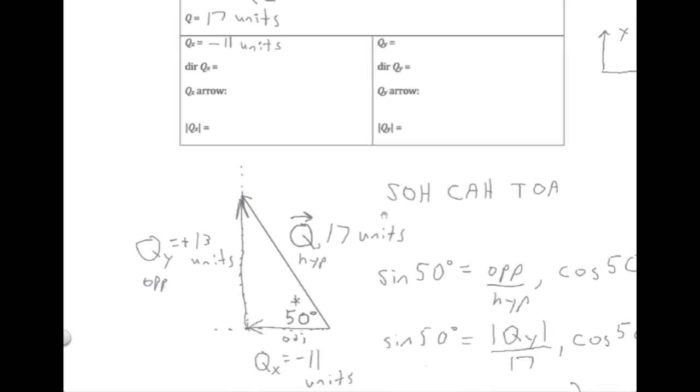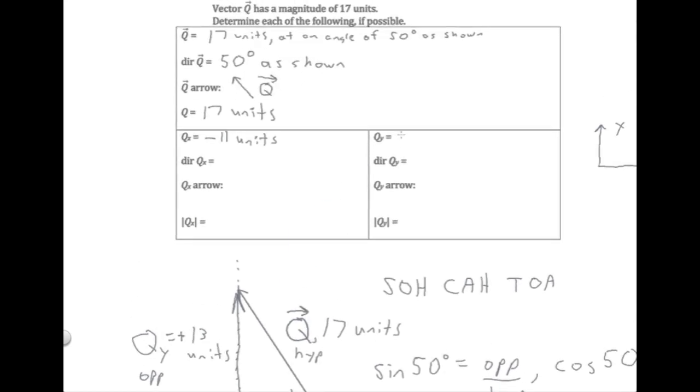Now we want to do the components. Well, we figured out that Qx was negative 11. And our Qy was positive 13. So the direction of Qx was to the left, and the direction of Qy was up.